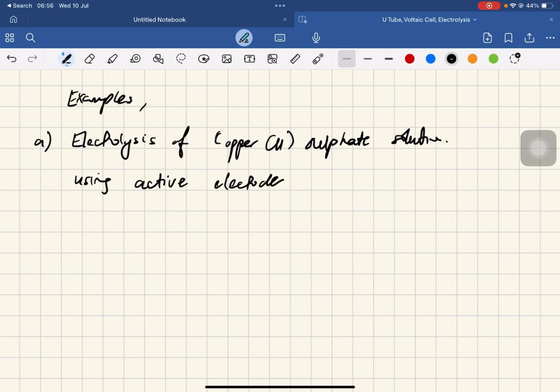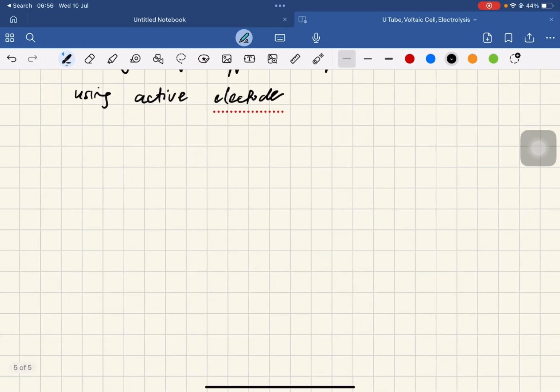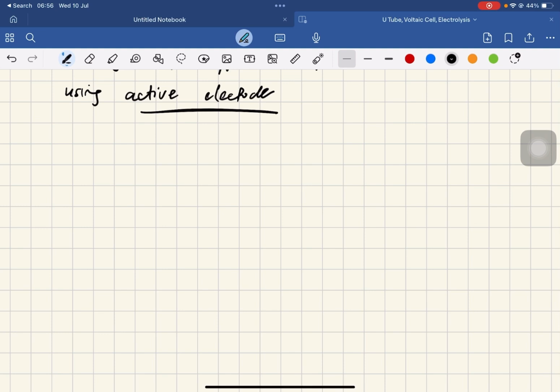Alright, now what does it mean by active electrode? Kita tahu dah, other than carbon, but kita nak guna apa, kan? Kita perlu lukis dulu.